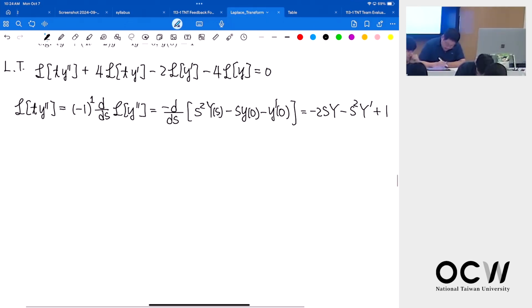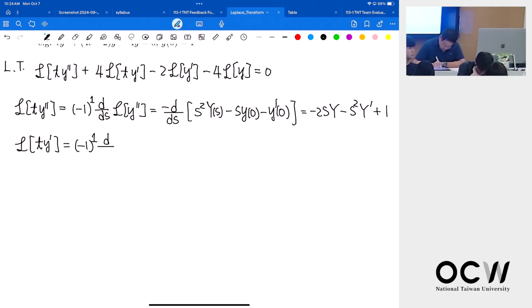And then let's see the second term, t y prime. The Laplace transform of t y prime, I only multiply by one t. So here I have minus 1, again to the power 1, d over ds of the Laplace transform of y prime.